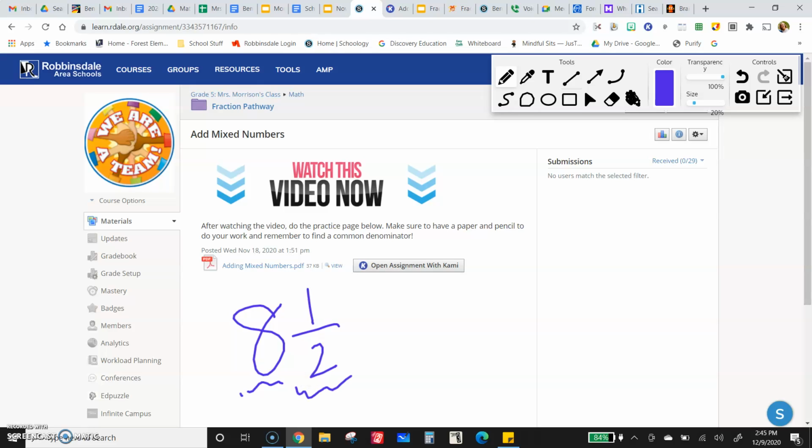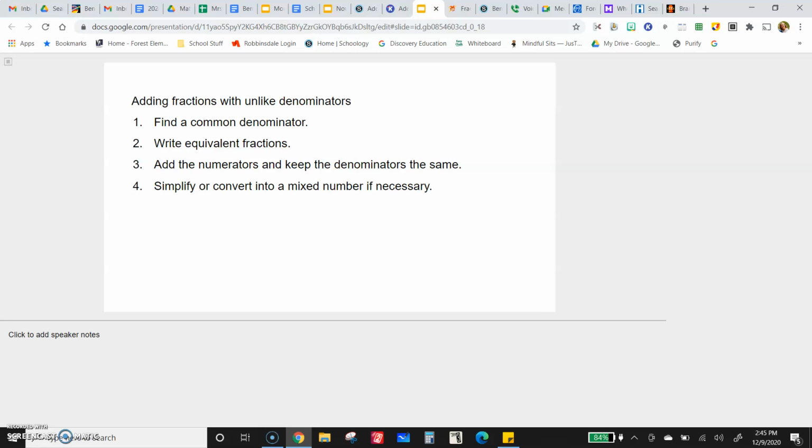So if I'm adding those together, I follow the same steps as adding regular fractions with unlike denominators. There's just a slight difference because I add the fractions and then I add the whole numbers, and sometimes I have to do some regrouping. Okay, so this last step, step 4, gets a little more complicated on some of them. But let's keep going and I will show you.